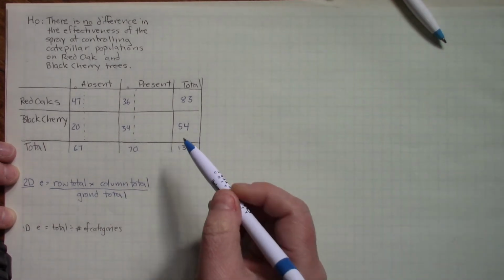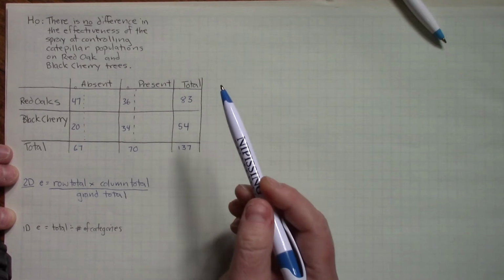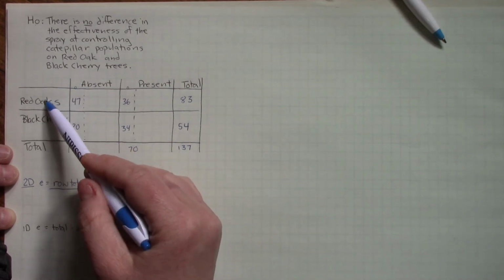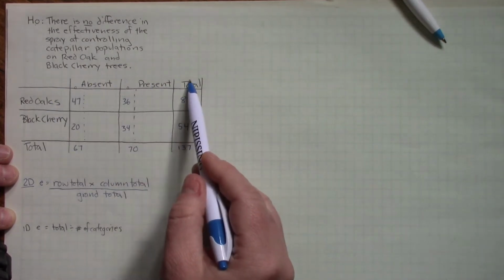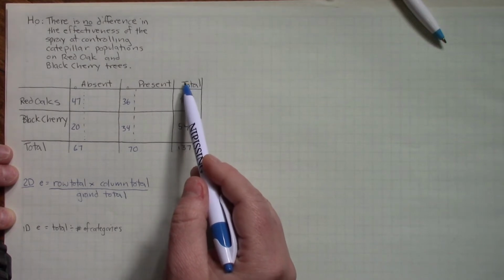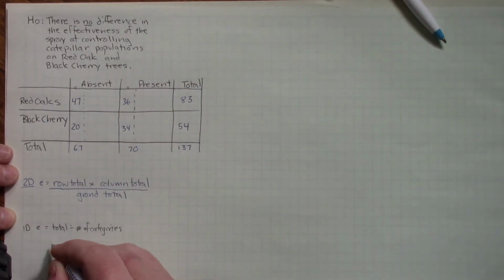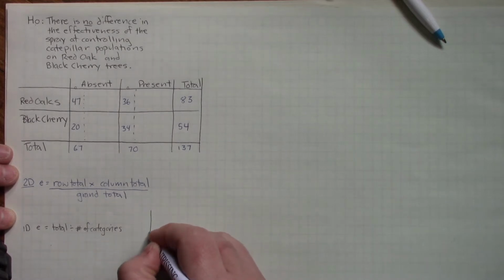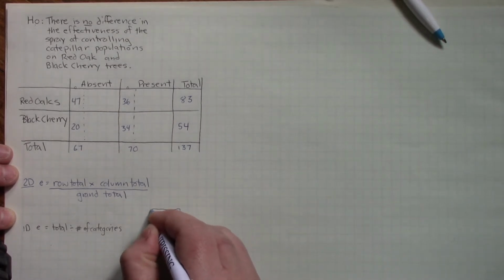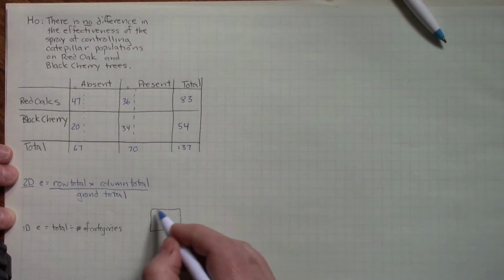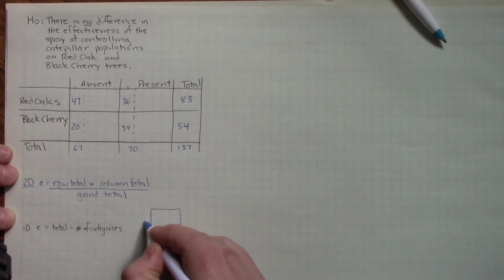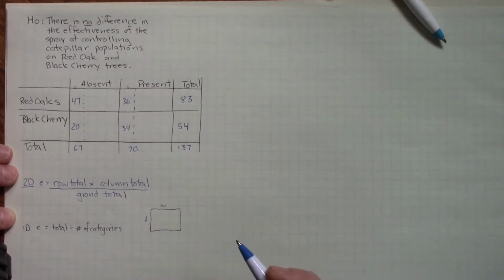But in a two-dimensional equation, we have two variables. There are two dimensions. We have trees and caterpillar presence. I like to think of this as length and width. When you are measuring a square or a rectangle, if you want to find the area, you have to multiply the length times the width.